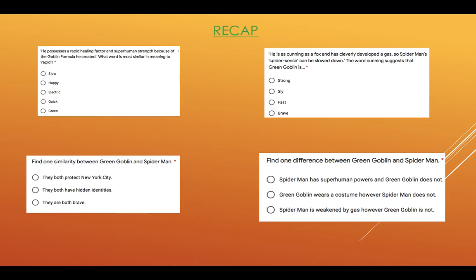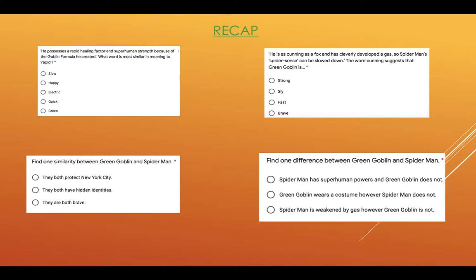So let's mark the questions that you've attempted. So number 1, rapid is a synonym for quick. Number 2, it is number 2, sly.